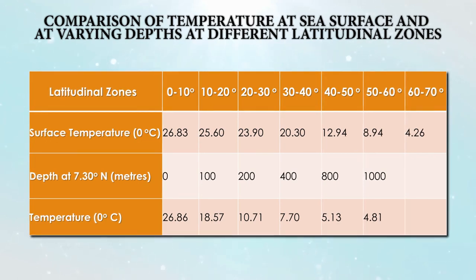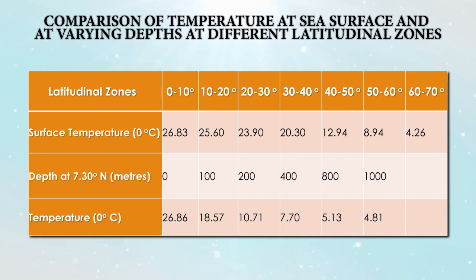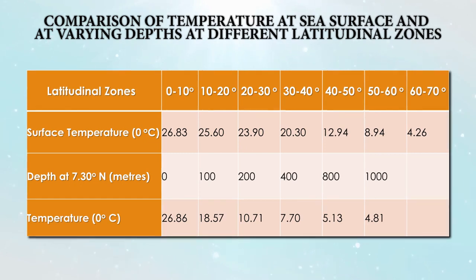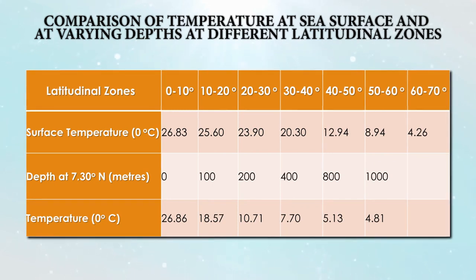So you see that temperature is also decreasing at various depths, like at the surface it is 26.86 degree centigrade, and at 1000 meters depth it is 4.81 degree centigrade. So the rate of decrease of temperature also changes with increasing depths.